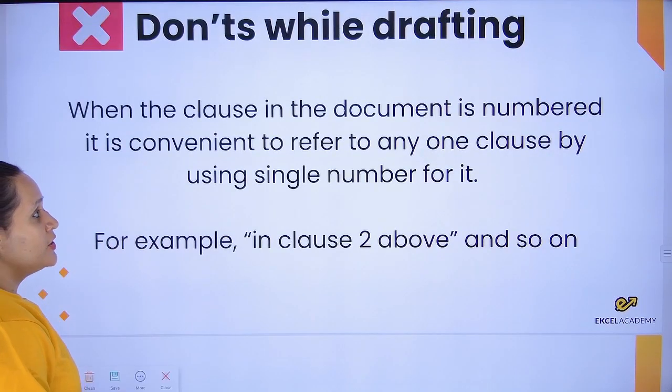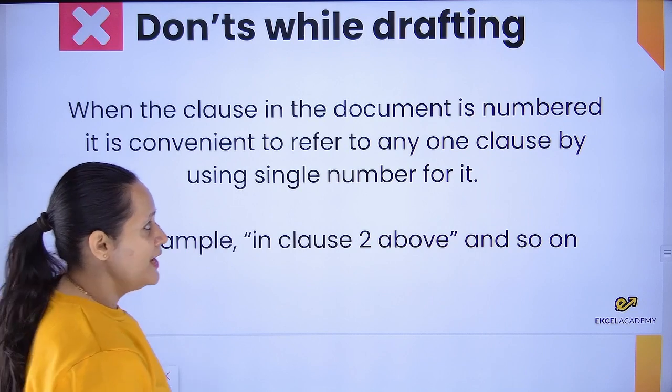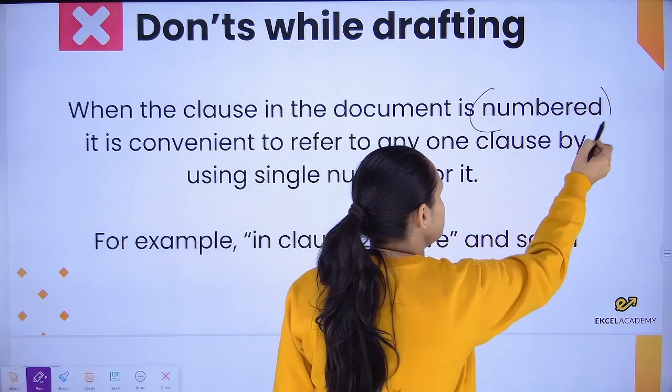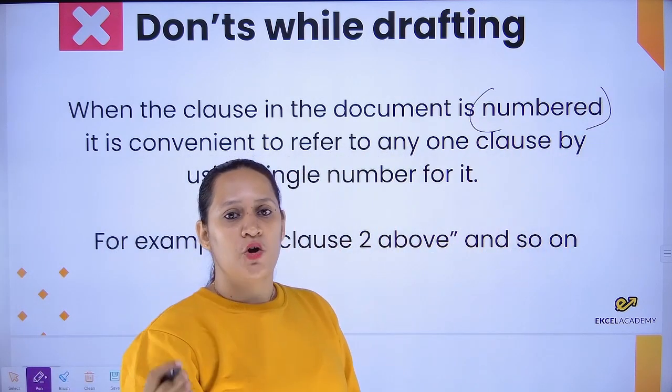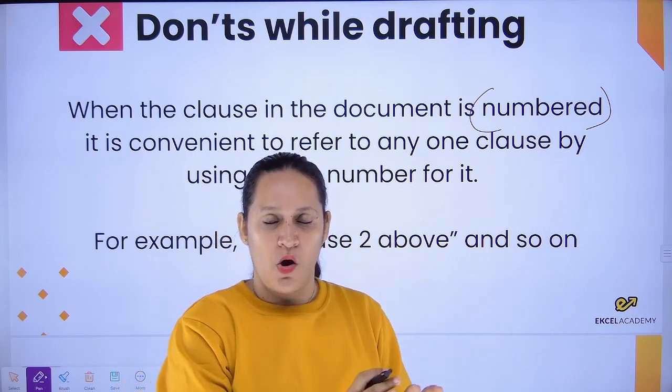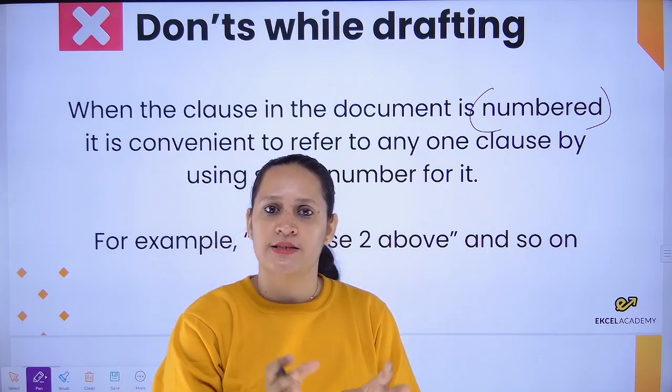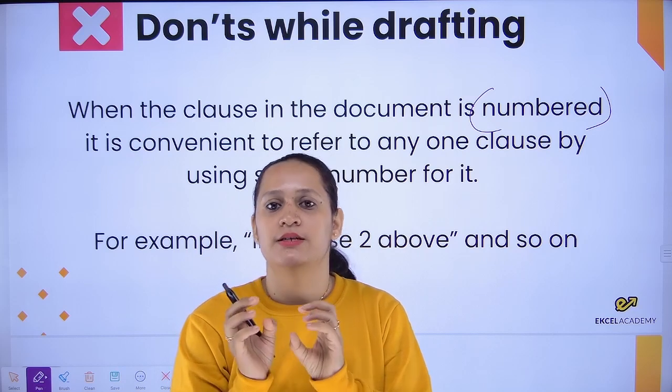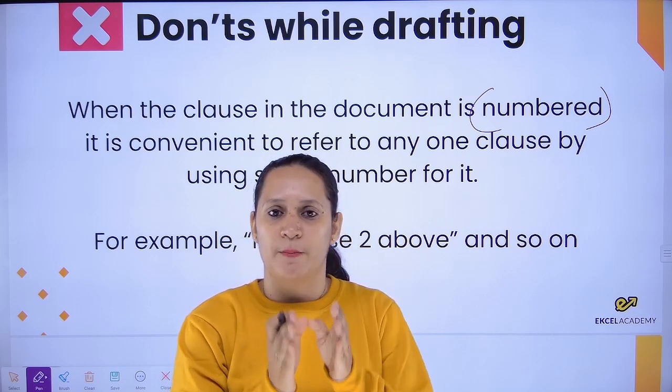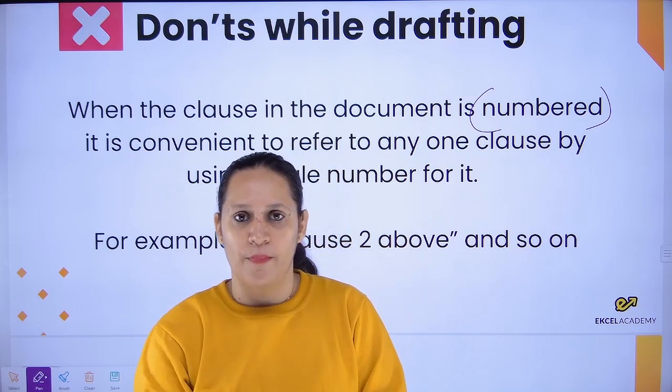Next. When the clauses in the document are numbered, like I told you, as far as possible, when we are drafting the document, it should be in small paragraphs, point wise, and the points should be properly numbered, sequential: clause number, subclause number, all properly marked and numbered.